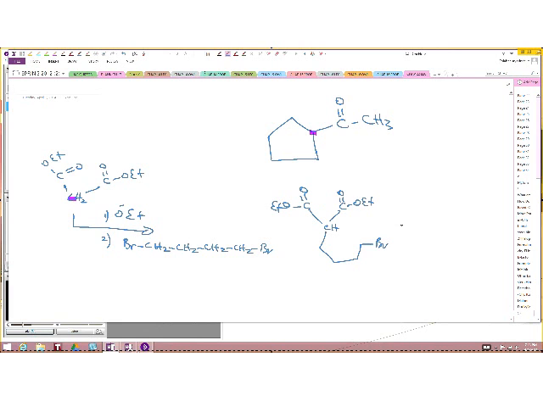Now the next step, you do another enolate ion. This time, you come here to remove this hydrogen here. And once you form that enolate ion, that will simply displace this one here. So now that will lead you to this.